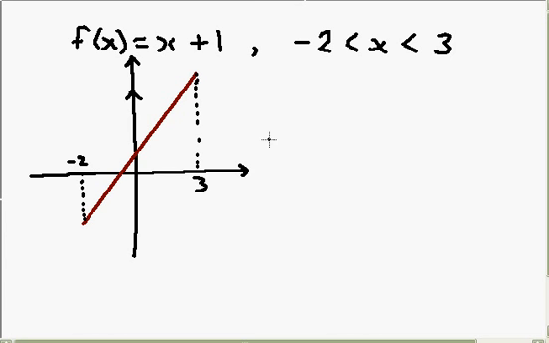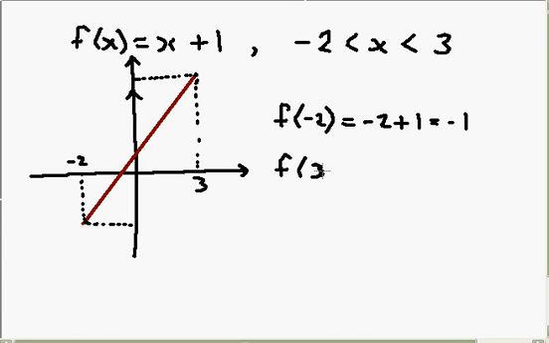So what I'm being asked is, what is the range of this function? Effectively, from which two values on the y-axis is it bounded by? So I plug in -2, and I get -2 plus 1, which is equal to -1. And f of 3 is equal to 3 plus 1, which is equal to 4.